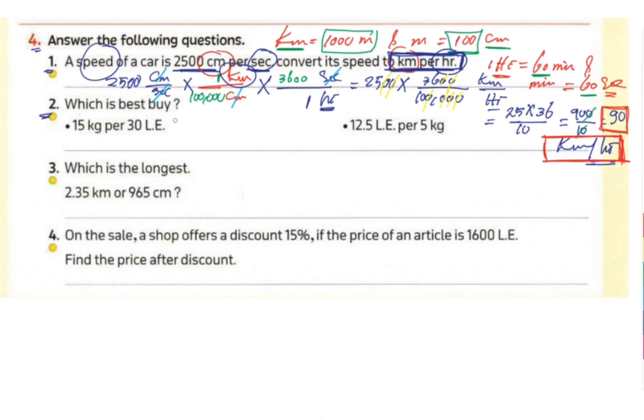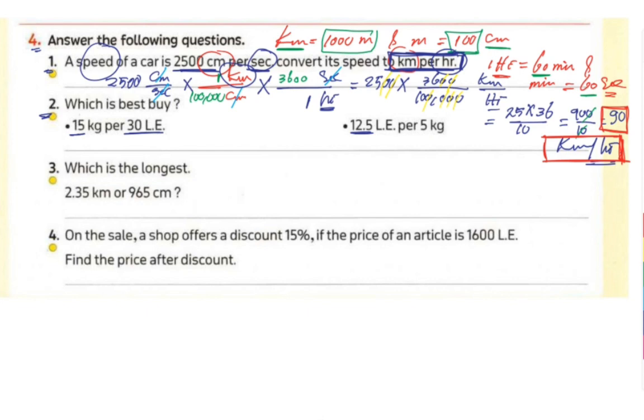Which is the best buy? I have two buy options. I need to find the best buy. The best buy is the cheapest one, right? So I have here 15 kilogram per 60 LE and 25 LE per 5 kilogram. We note that here I cannot compare.